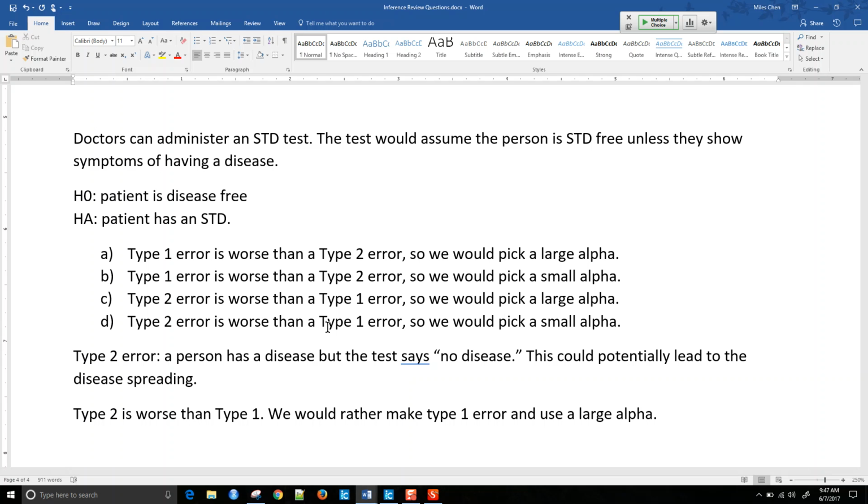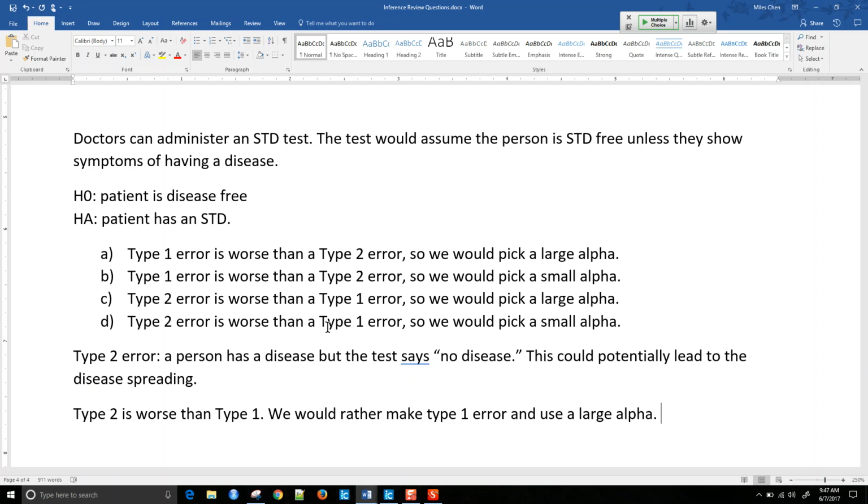I think the example I'll use in the final exam will be clear, and if you're not sure during the exam, you can ask me a question. If you can properly articulate what the type 1 error is and what the type 2 error is, and you truly can't tell which is worse, I can say it's worse this way. But you have to be able to articulate what the type 1 and the type 2 error is, and I think at least on the exam it will be quite clear.